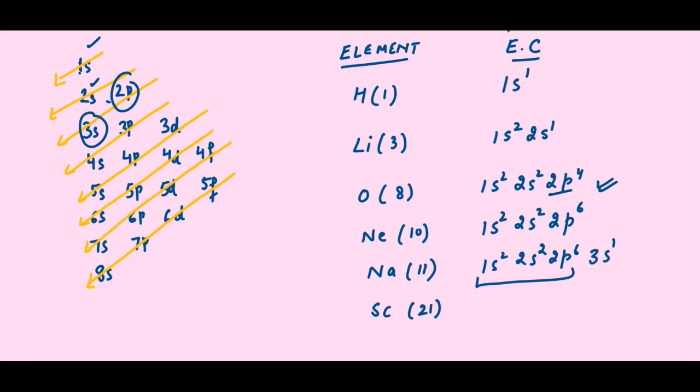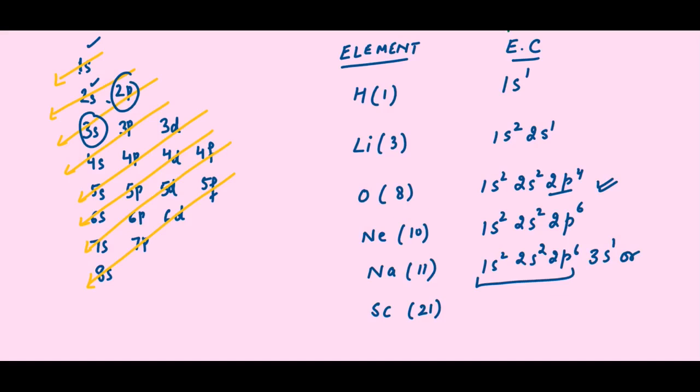Okay. There is another alternative way of doing the electronic configuration of sodium. See, when you increase the atomic number, you will see that the configuration starts getting lengthier. Okay, so if you want to write the configuration in a concise manner, you can take the help of the nearest noble gas.